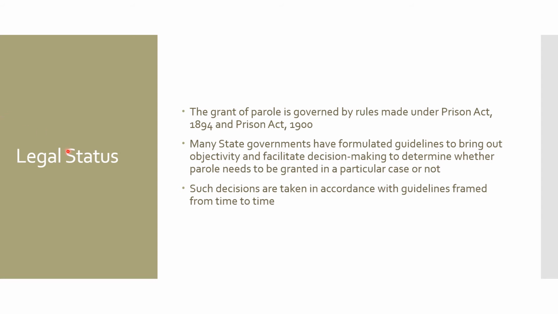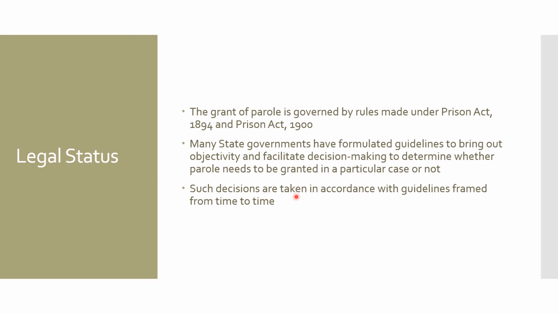So we find that the grant of parole in India is governed by the rules made under Prison Act of 1894 and 1900. Many state governments have formulated guidelines to bring out objectivity and facilitate decision making to determine whether parole needs to be granted in a particular case or not.